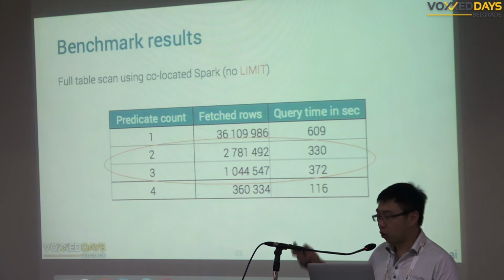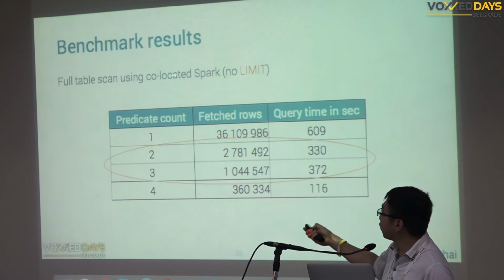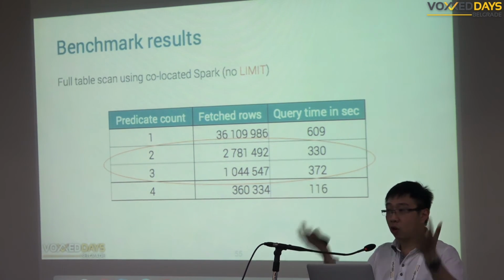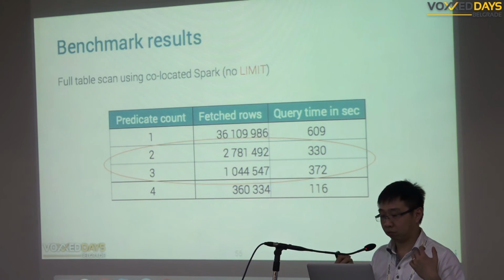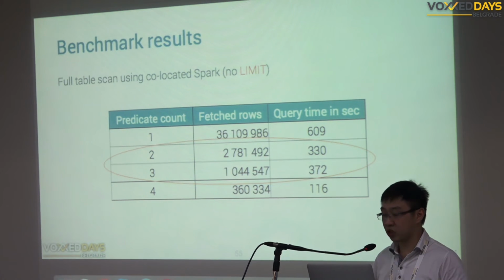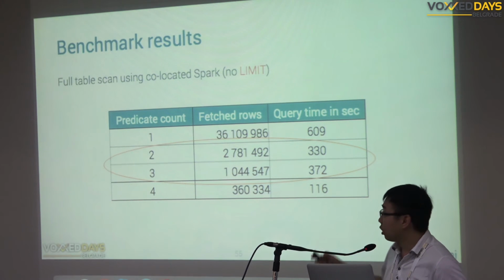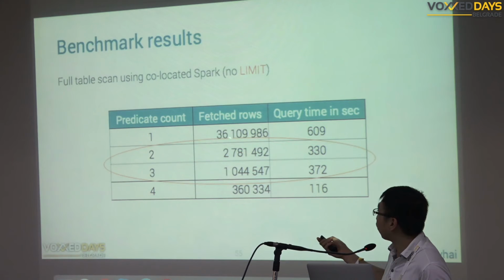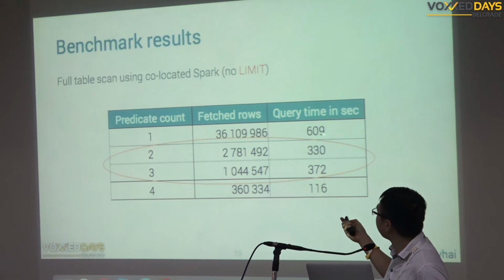Result. I did a full table scan using a collocated Spark with no limit. It means that it will fetch all the data out of Cassandra on 30 machines, distributed. When I have one predicate, I fetch 36 million rows. It takes me 600 seconds.